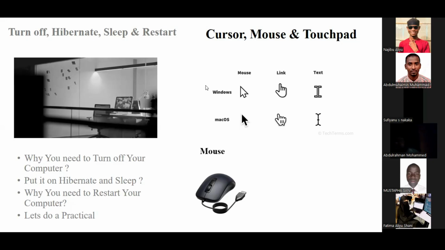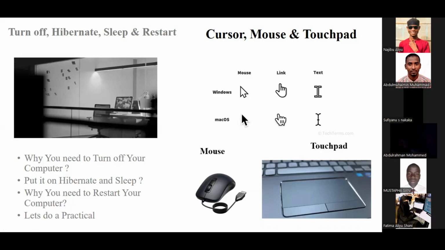Then the next thing is the touchpad. So the touchpad is what we normally see on our laptop computers. It is very much equivalent to the mouse, only that on the touchpad, we normally don't see the scroll wheel. We normally use two fingers to scroll up and down or left to right.